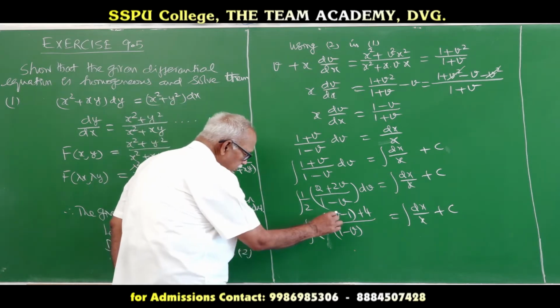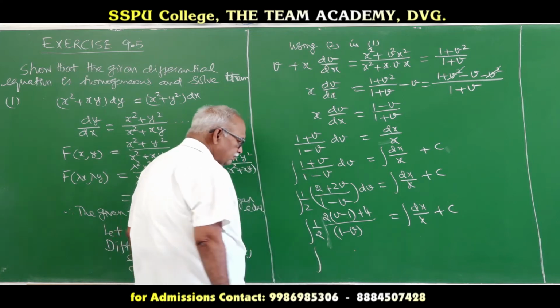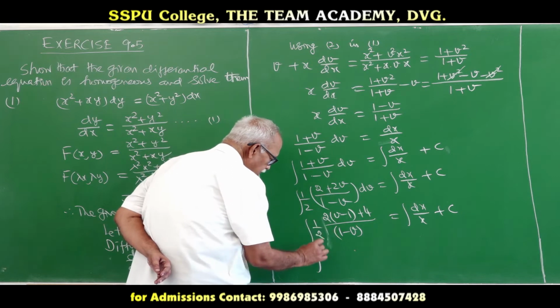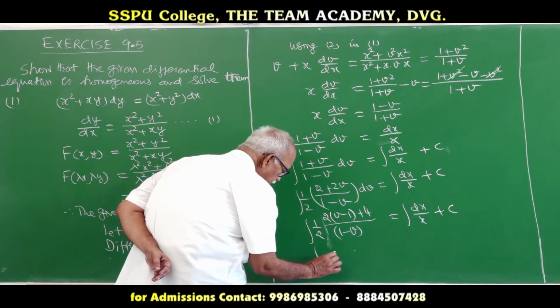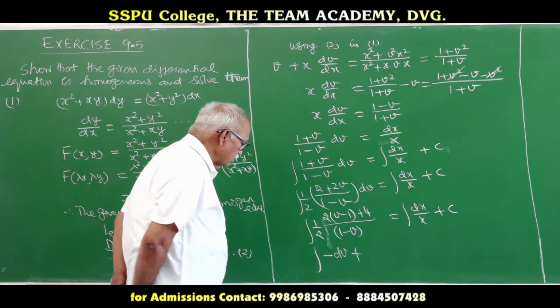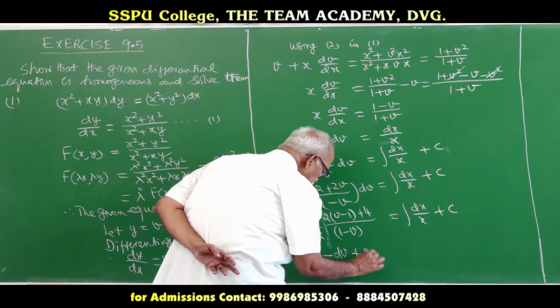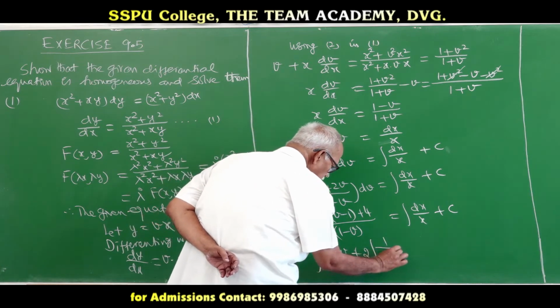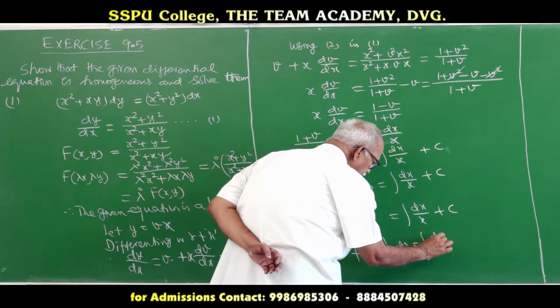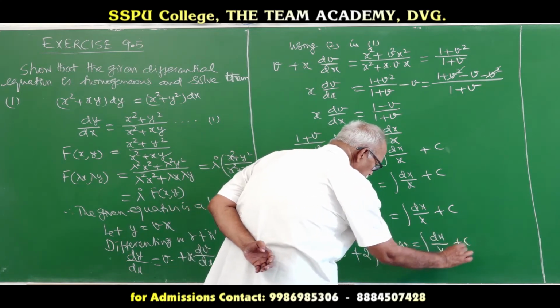So the 1/2 is also not required, so the 2 cancels: the integral of (v − 1)/(1 − v) dv plus 2 times the integral of 1/(1 − v) dv equals the integral of dx/x plus c.